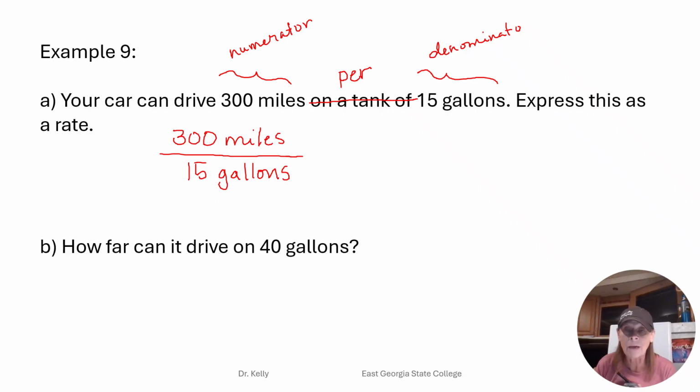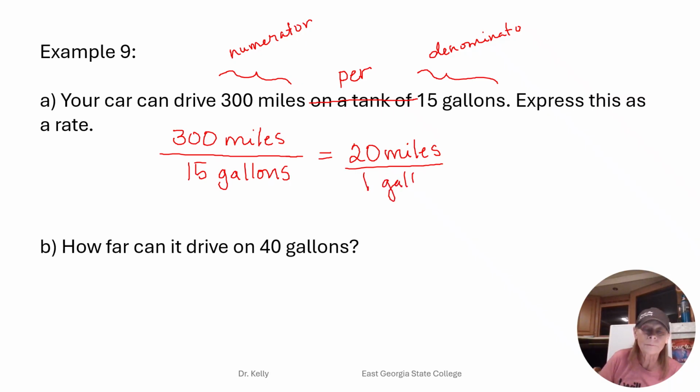Even fractions that have units, all we're going to do is deal with the numbers here, right? 15 goes into 300 20 times, and we're left with 20 miles per 1 gallon.